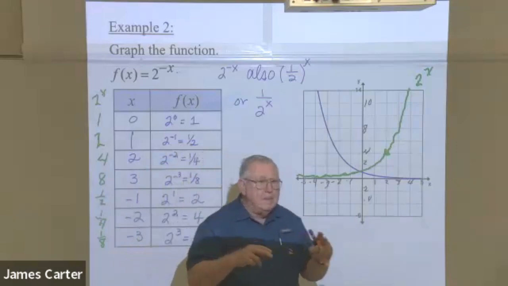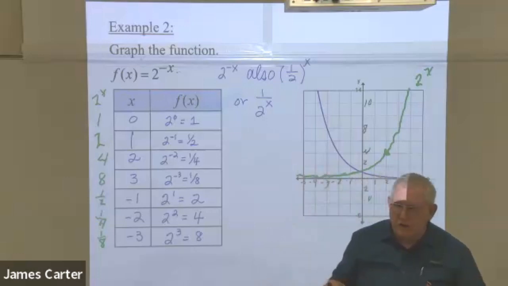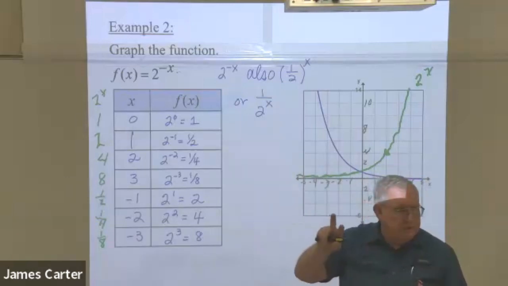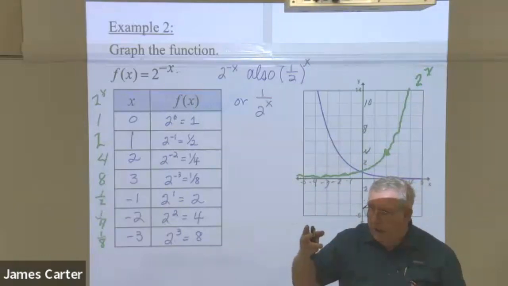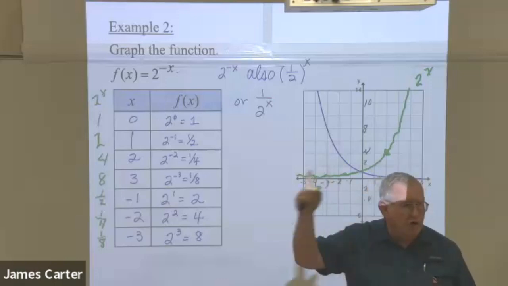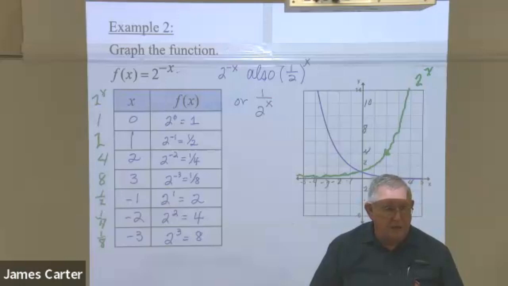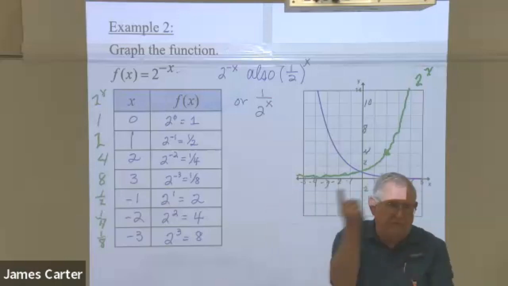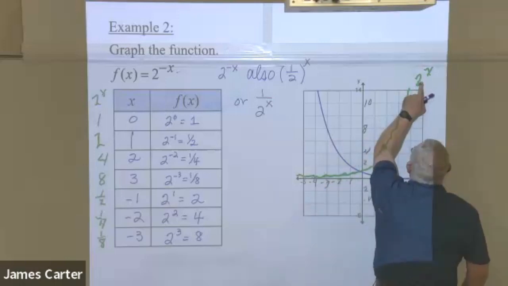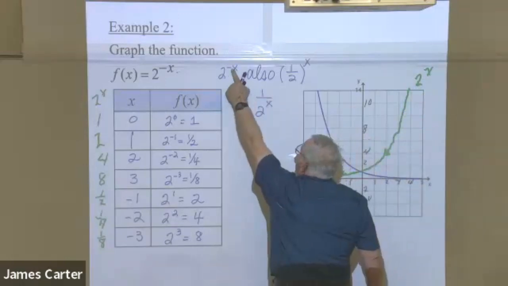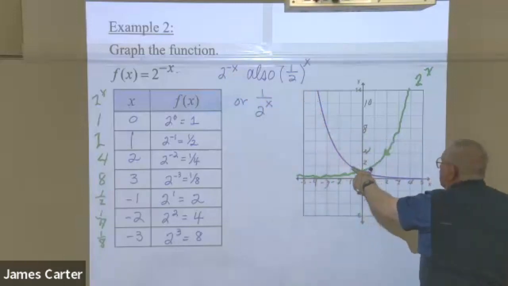Now, let's go way back to when I first started talking about flips across the y-axis and across the x-axis. Okay. What could you do to the x values to cause it to flip over the other side of the y-axis? Symmetry. Replace x with negative x, right? If you replace x with negative x, it flips it across the y-axis. So if this is 2 to the x, then 2 to the negative x better be a reflection of this one.